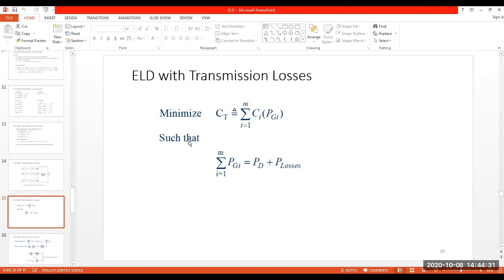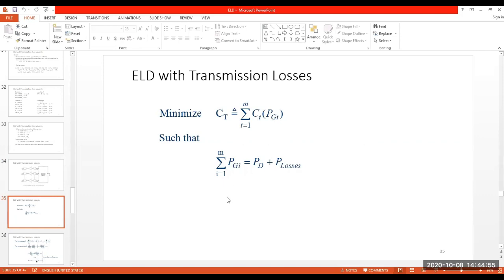So we have the constraint now a little bit modified or updated. Remember, the first case we considered for ELD, we only had the summation of PGi equal to PD, but now we have included the P loss. But again, we are not considering the generation limits here.